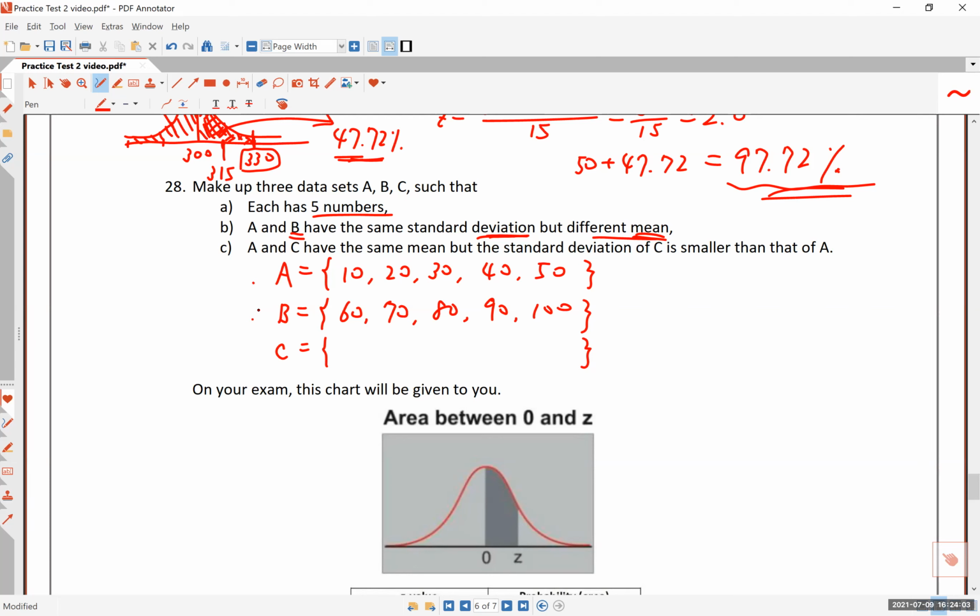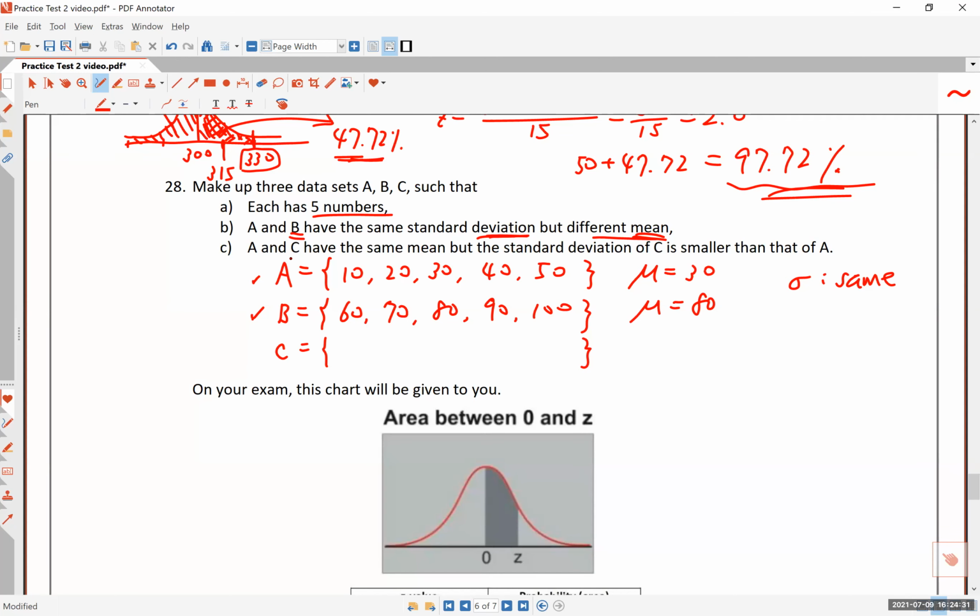You have to do that, deviation squared, add them together, divide that sum by 4, and then take the square root. And I can assure you it's not going to be 10. But you know that the standard deviation of A and B are equal to each other, and the mean is different because the mean of A is 30, the mean of B is 80, okay? But the standard deviation would be the same because their distribution is exactly the same.